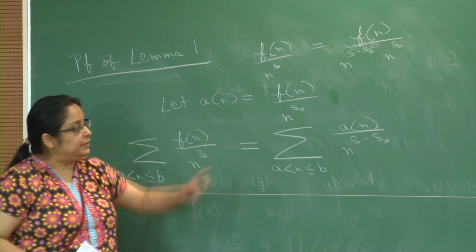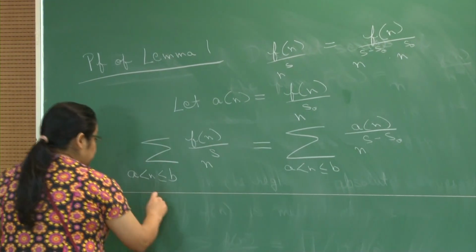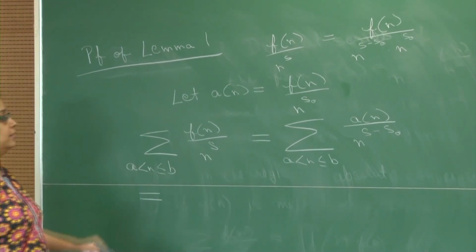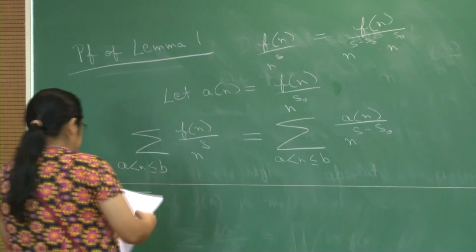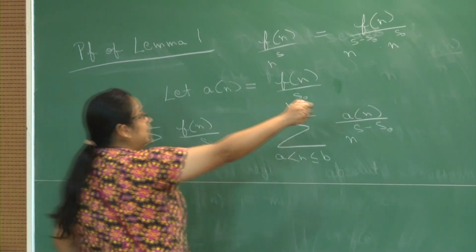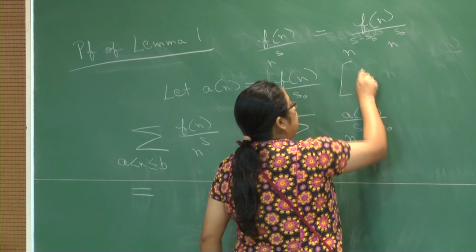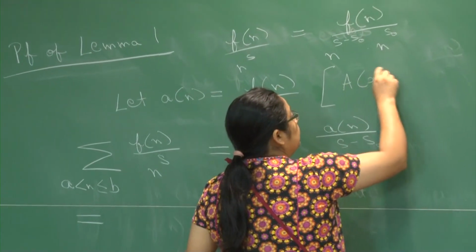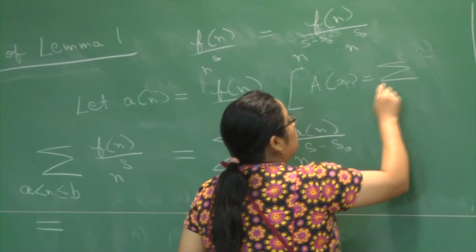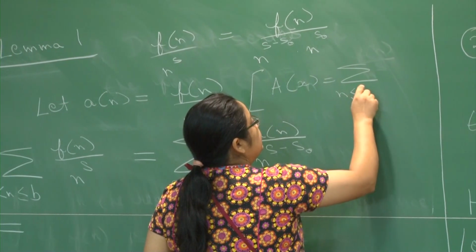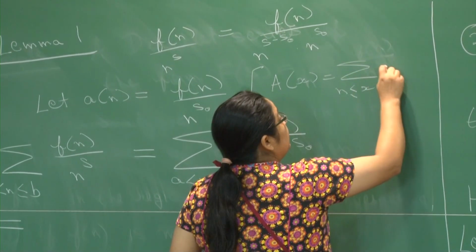So if you want to apply partial summation, what will you have? So applying partial summation, let us denote capital A of x to be equal to the sum over n less than or equal to x of A of n.